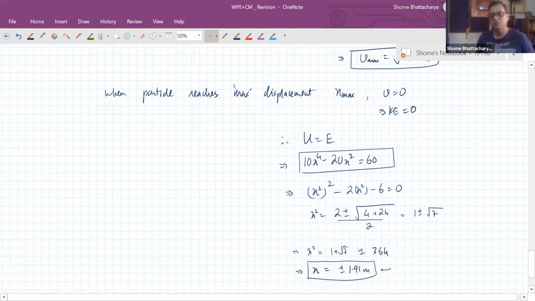So this is the position at which the kinetic energy becomes 0.